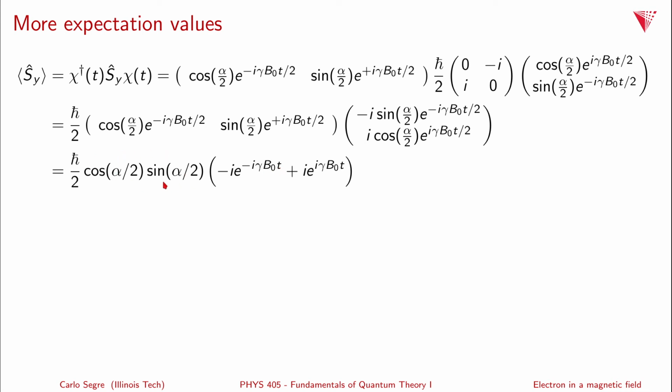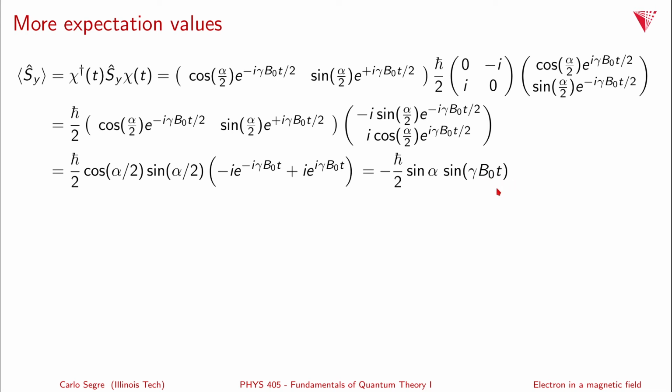And again, this is just going to be the sine of alpha. So with a minus sign pulled out, we get minus h bar over 2, because we have two i's and we get a minus sign out of those, minus h bar over 2 sine alpha sine gamma b sub 0 t.